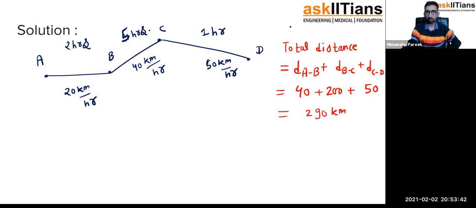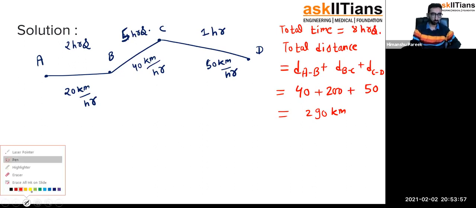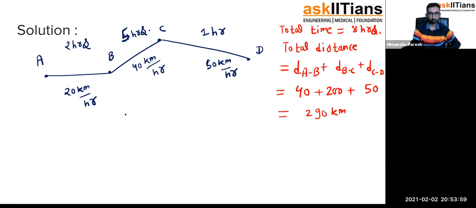And the total time we have taken? 2 plus 5 plus 1, 8 hours. So technically, the way we have defined average speed, what should come out to be? Average speed should be equal to total distance upon total time.